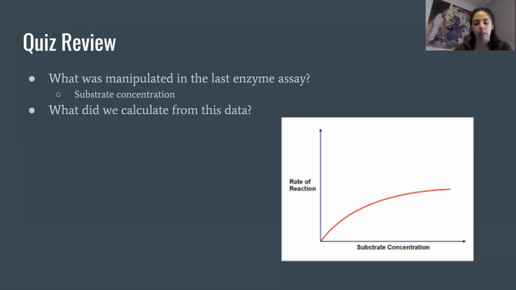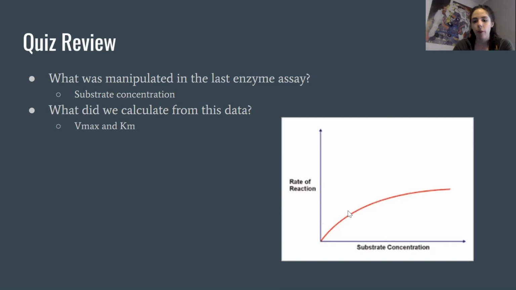And what did we calculate from this data? We calculated 2 values, and that was the maximum velocity and the Michaelis constant. So you should have had a graph that looked like this, and this was an intermediate step in our data analysis, where this value right here where we're seeing the plateau would be our maximum velocity.